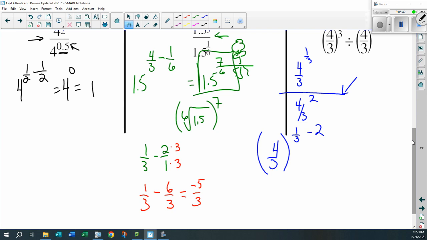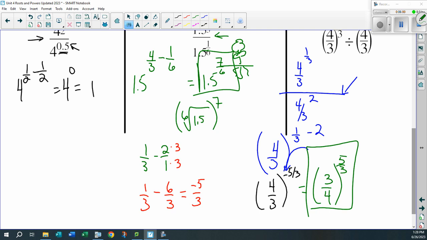So we have 4/3 to the power of minus 5/3. Now, remember that negative. We don't like negatives. So we flip it, change the sign. Done. Leave it as a power. It doesn't say anything about evaluating it. And if you do have to evaluate, you can use some more of those procedures that I taught you in the previous podcasts, or just throw it in your calculator and it works.